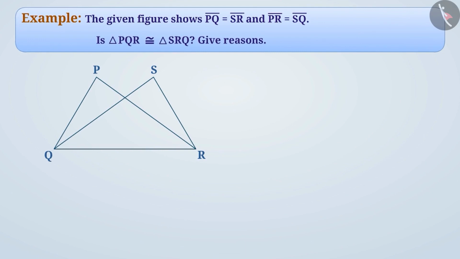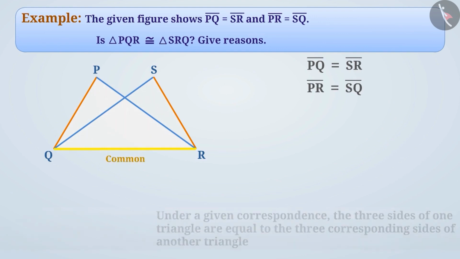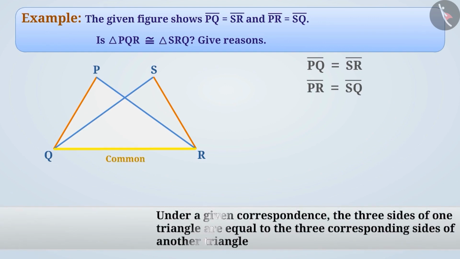We are given that in triangle PQR and triangle SRQ, PQ is equal to SR and PR is equal to SQ. We can also see that the side QR is common in both triangles. You will remember that if the three sides of one triangle are equal to the three corresponding sides of another triangle, then the triangles are congruent.